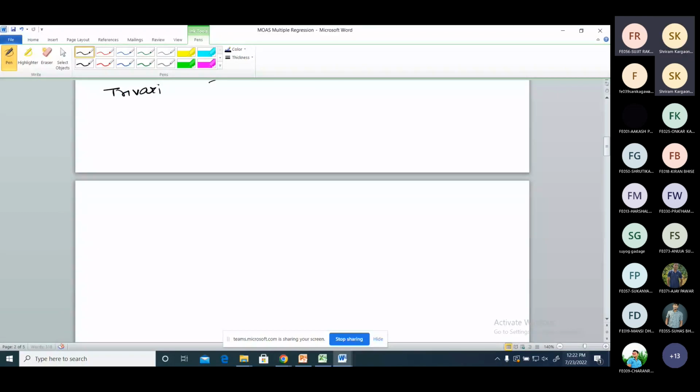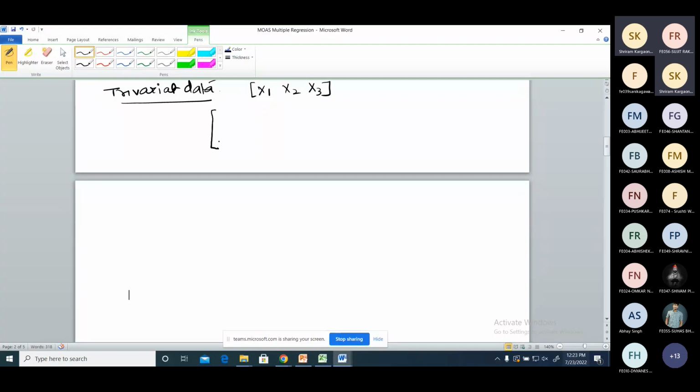Trivariate data. What is a trivariate data? You have three variables, capital X1, X2, X3. So you have a triplet of data, and you collect the observations on it. Observations are written by small letters, right?